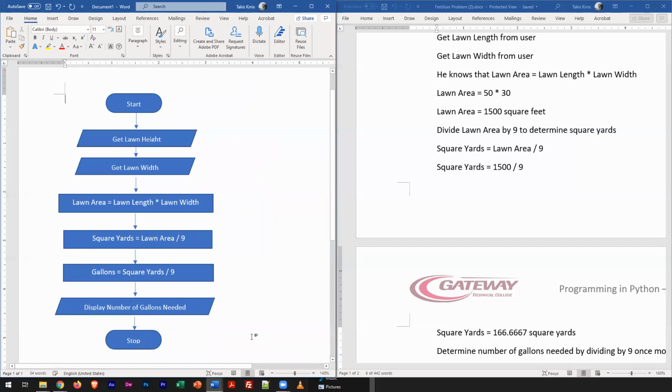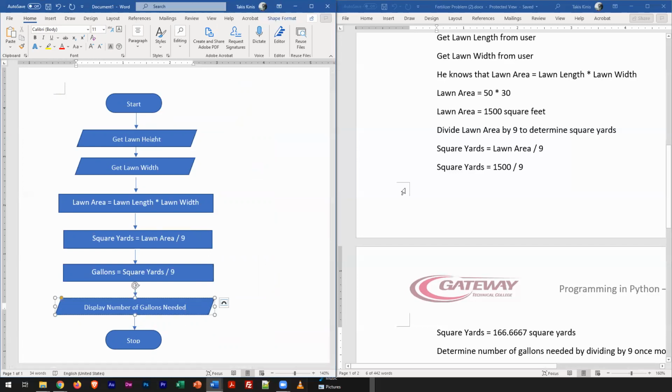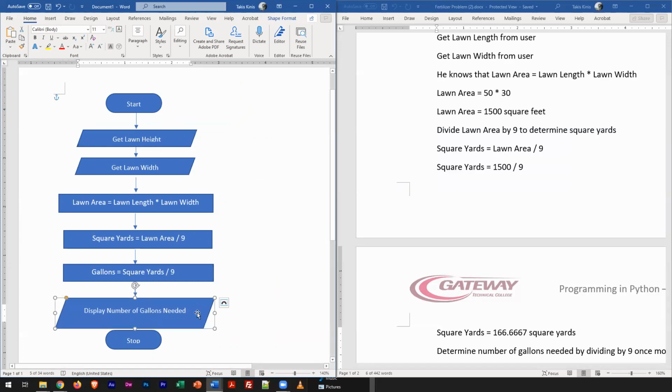Now here's the significance of this. And I'll answer your question in just a second, John. The thing that's significant about this is this set of steps can now be applied to any lawn that is rectangular to give you the amount of gallons that you need. And if you really want to be really proper about this, you might want to say number of gallons needed, and then a parenthetical: fractional amounts rounded up.